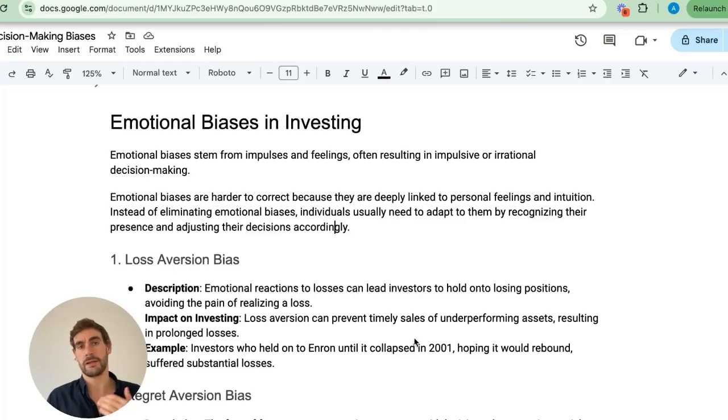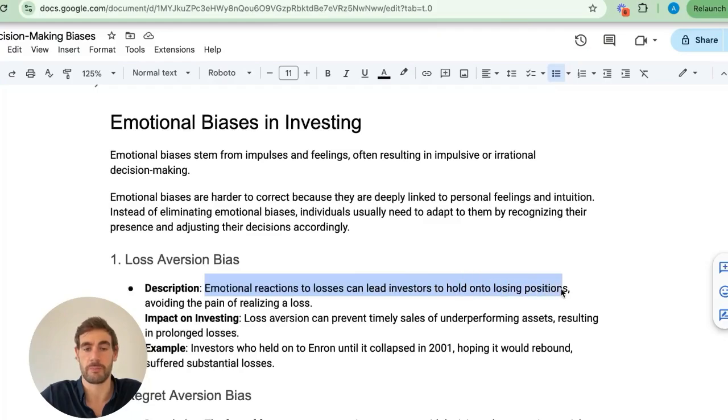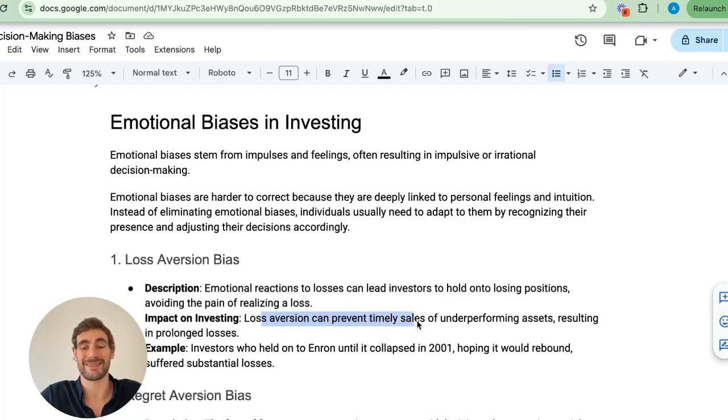We saw already its counterpart in the cognitive biases. Here is the emotional side of loss aversion. It is the emotional reaction to losses that can lead investors to hold on to losing positions, avoiding the pain of realizing losses. The impact on investing is that loss aversion can prevent timely sales of underperforming assets, prolonging losses.